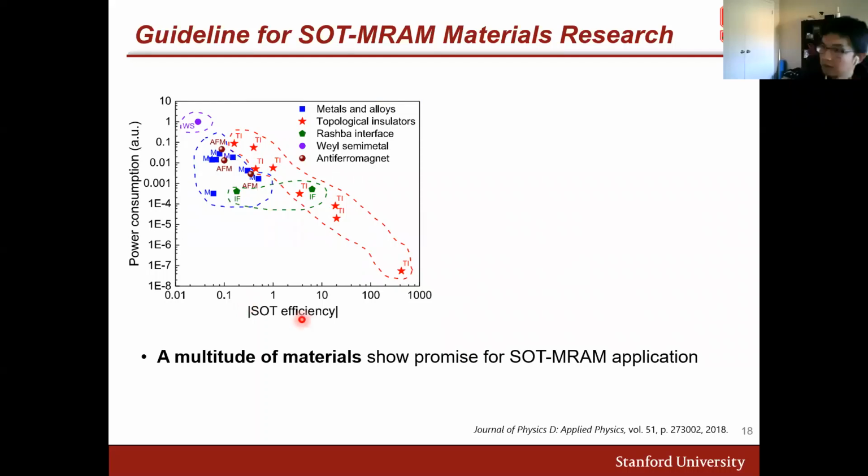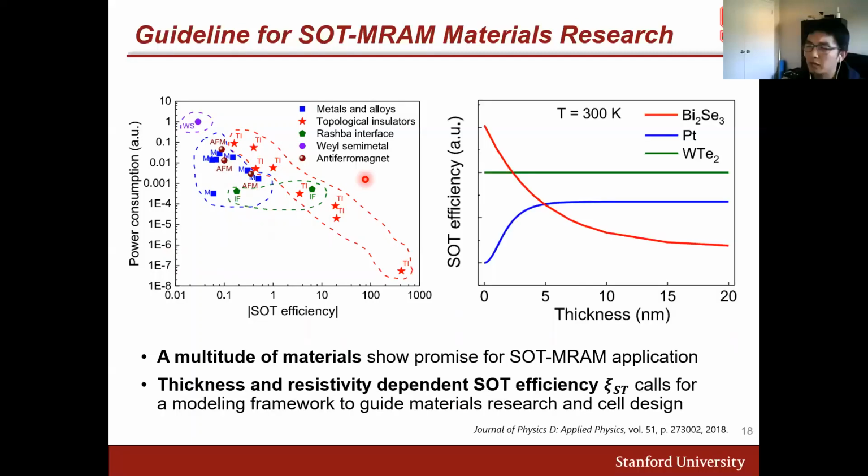With higher efficiency, you have lower power consumption. Again, there is a large variation of properties for different materials. Another thing is that when you change the thickness of the SOT material, you get a different SOT efficiency.